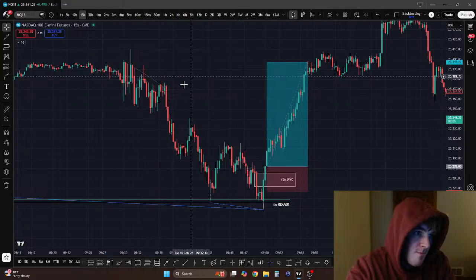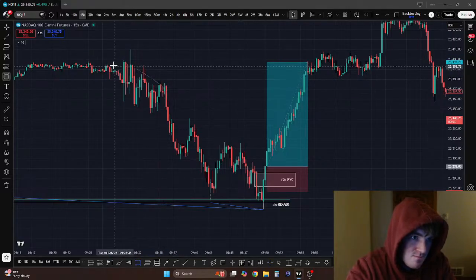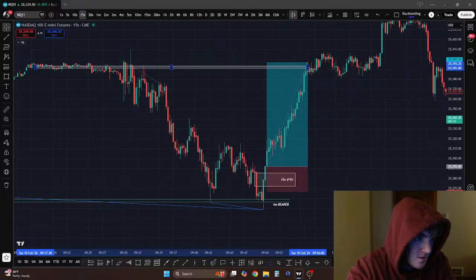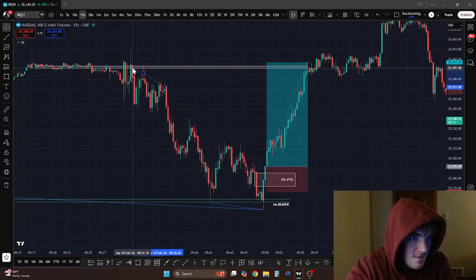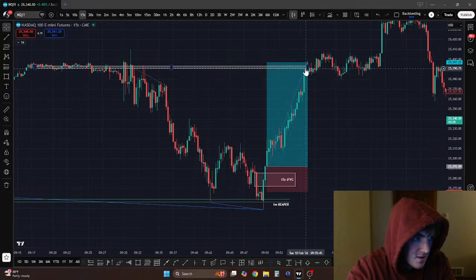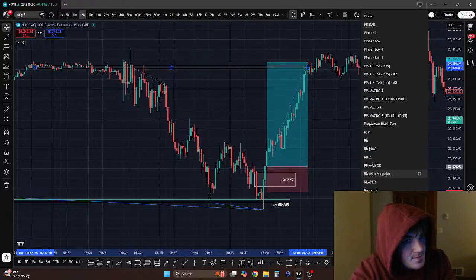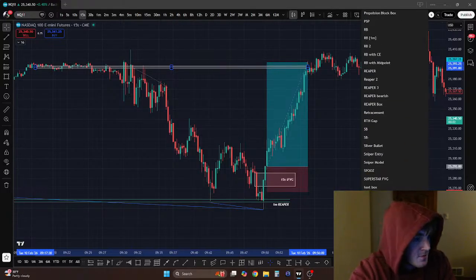Boom. And yeah, here we have a little consolidation there. It's a great place to take profit, right at the end of that LRLR and into this consolidation. You could just tell that that's a liquidity pool, right?